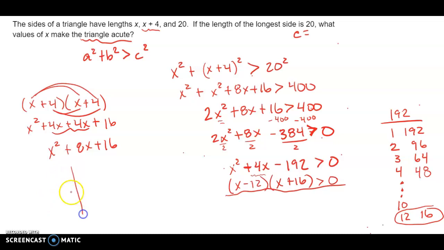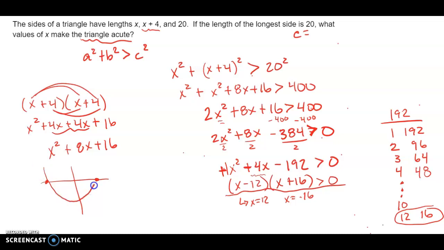Here are my axes. Our quadratic opens up because there is a positive number in front of the quadratic term. It's a +1 in front of the quadratic. I've got a root at x equals 12, and I've also got a root at x equals -16. So here's a root, very generally speaking, and it opens up.